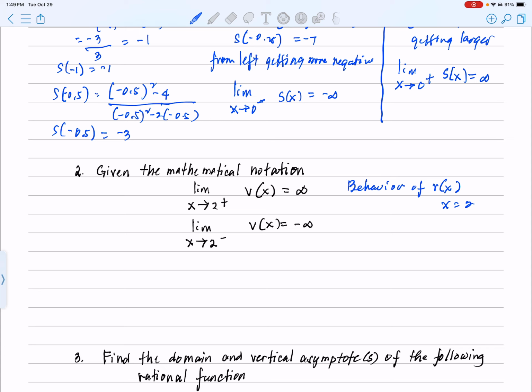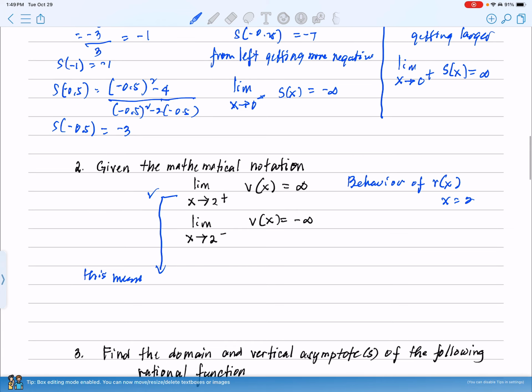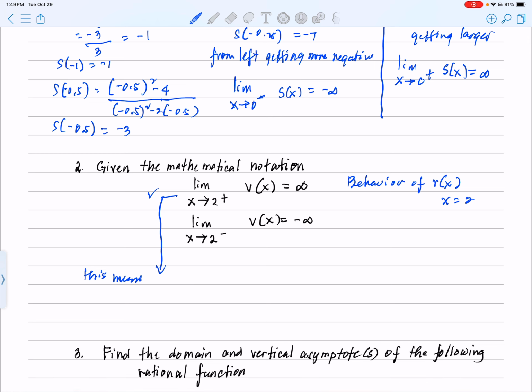So this limit, x approaches 2 on the right side, the v of x has a positive sign, which means, okay, I'm going to write this down here. It is describing the function approaching from the right side, because it's positive.